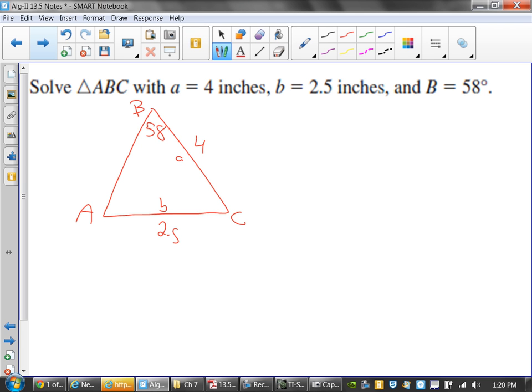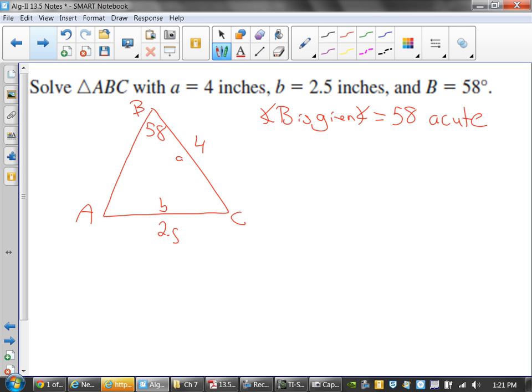So in this example, my given angle is angle B. Is B acute or obtuse? Okay, so angle B is the acute angle. The side opposite it is 2.5. The other given side is 4.